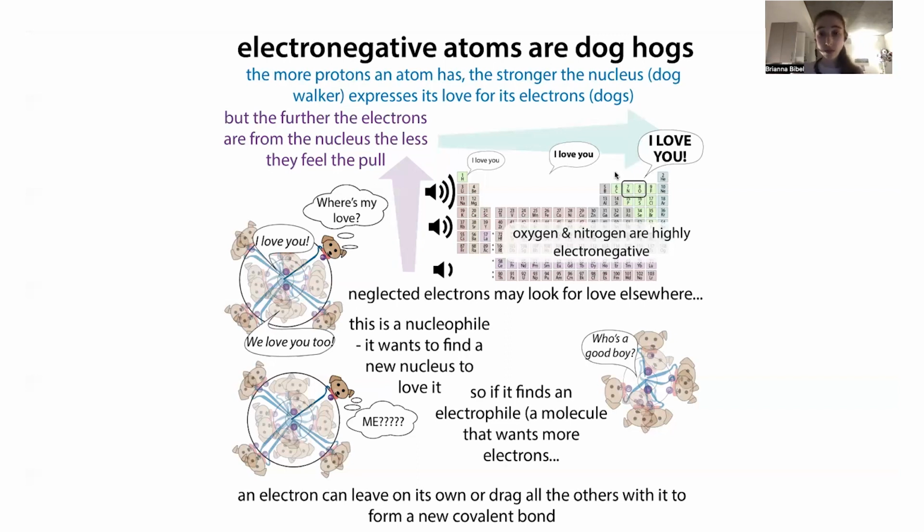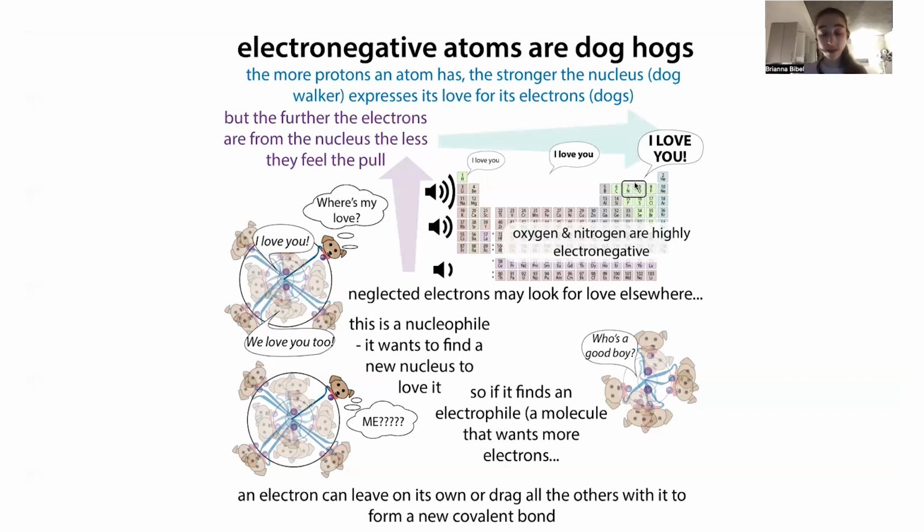As you go to the right, you're gaining more protons. So our dog walkers are getting stronger, and your leashes are getting stronger. As we go up the periodic table, we're getting closer, so we're getting louder. And as we go to the right, we're getting stronger. So when you look in the upper right corner, you find these really electronegative atoms.